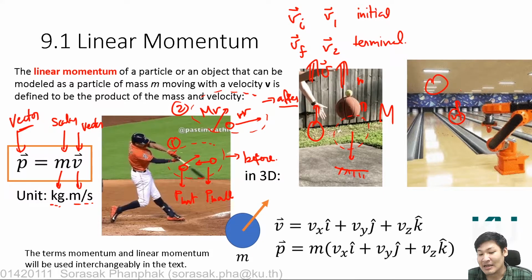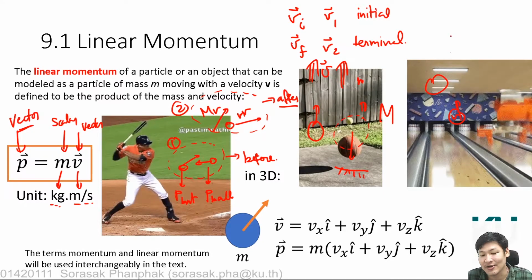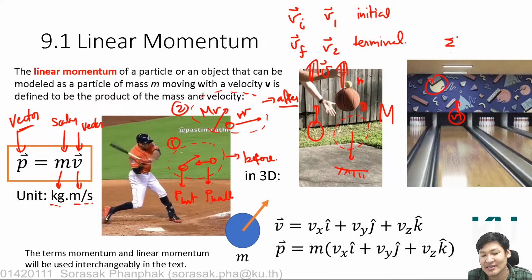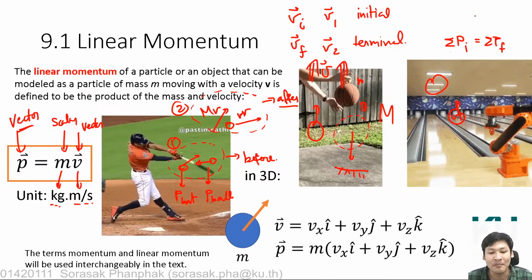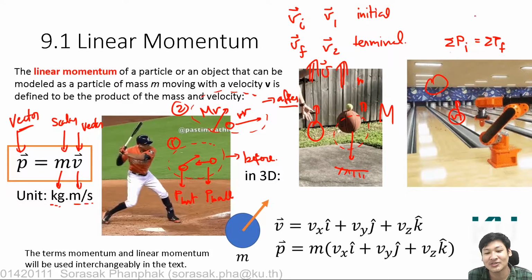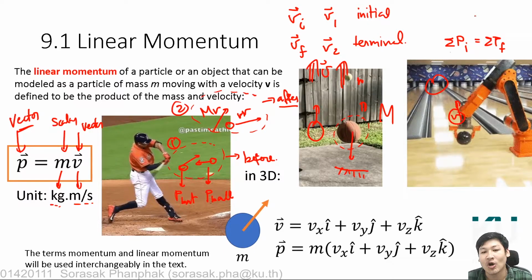However, it is still under the conservation of momentum. I will write sigma pi equal to sigma pf. I will explain this later, and you will learn more about all these things revolving around the conservation of momentum in this chapter.